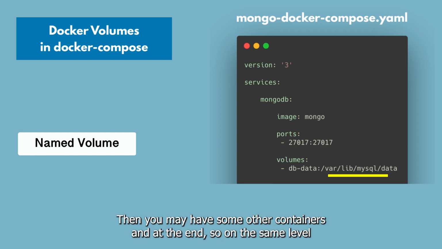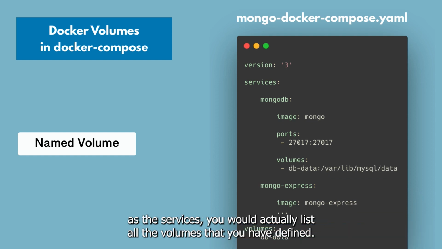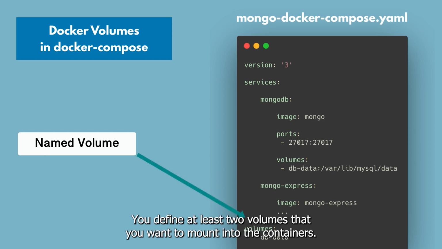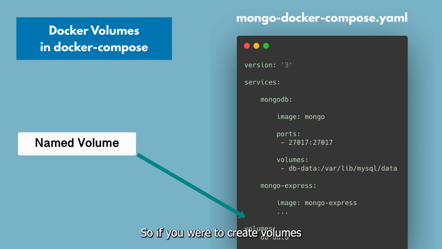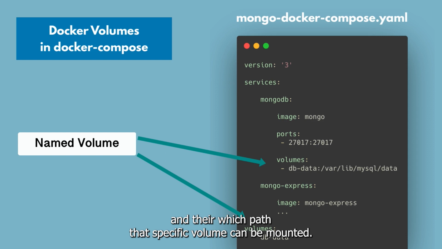Then you may have some other containers, and at the end, on the same level as the services, you would list all the volumes that you have defined. You define a list of volumes that you want to mount into the containers. So if you were to create volumes for different containers, you would list them all here. And on the container level, you define under which path that specific volume can be mounted.